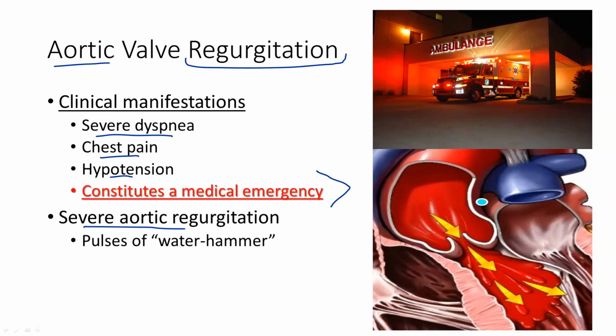In severe aortic regurgitation, the buzzword, the key word that I always see in those practice questions are pulses of a water hammer. Again, that's just not something that I have ever felt. Maybe my folks that work in an ED, because they're going to get them in initially and they're going to treat the underlying cause.